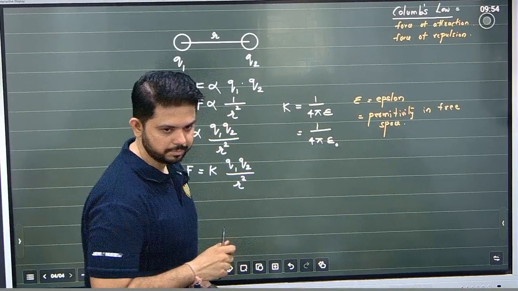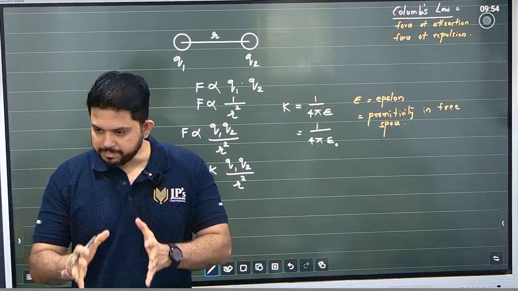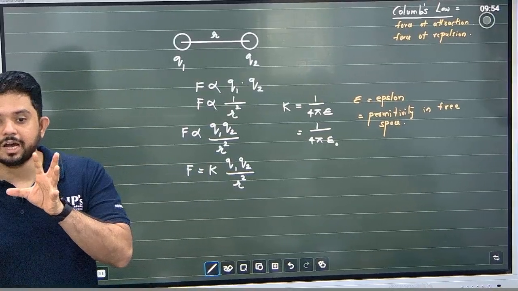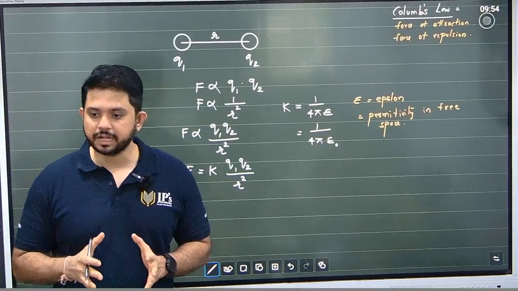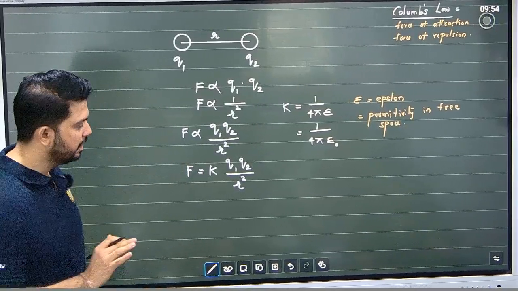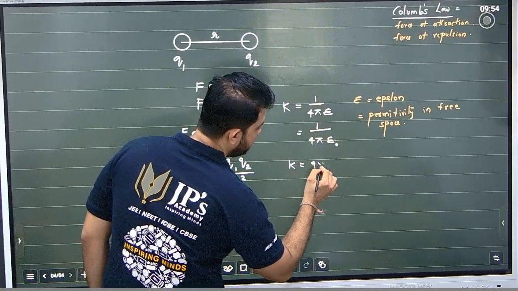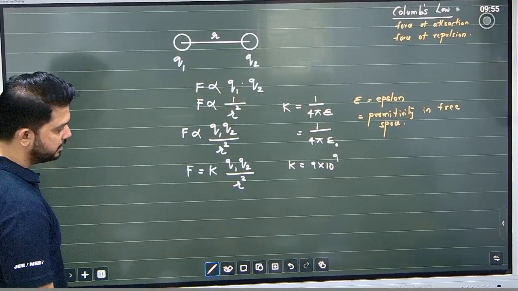It sounds a bit complicated, what is permittivity in free space. What that means is, let's say you have a medium in an electric field. It is its electric charge holding capacity. How much electric charge can that medium hold? In simple terms, the value of K is around 9 into 10 to power 9.